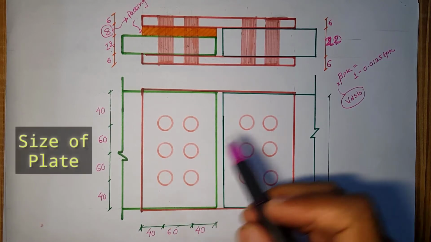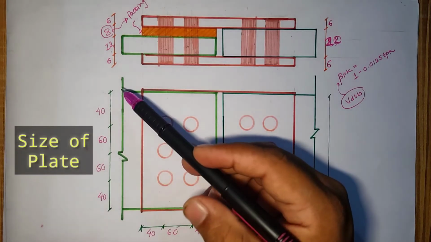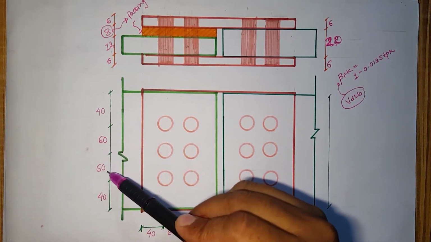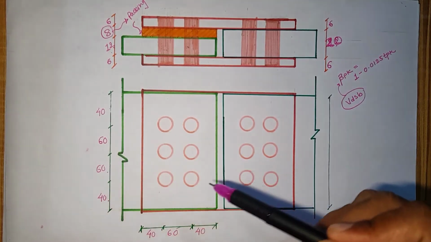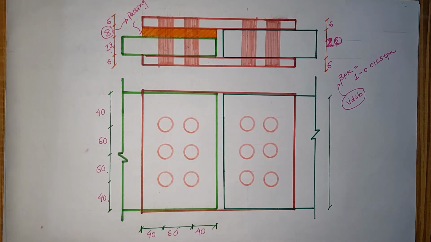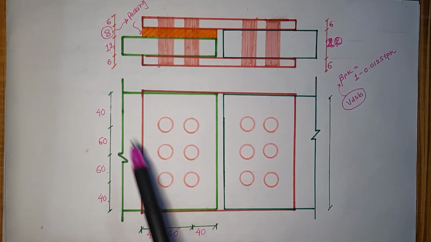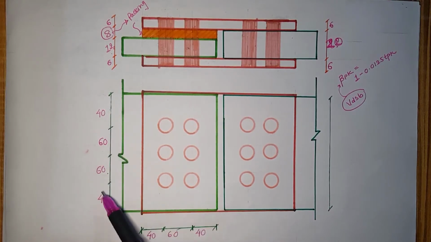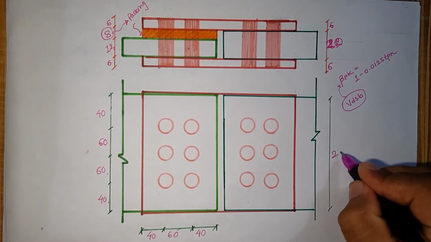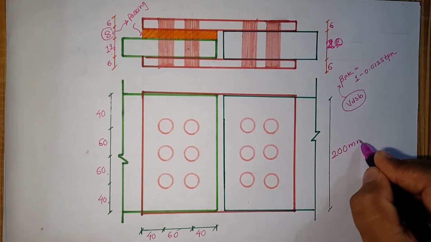Another thing, the plate size is not given, but we have been given the bolt pitch value as well as the bolt end distance. So if two bolts are provided in a single row and a total of 6 bolts are provided, the width is 60 plus 60 plus 40 plus 40. It means that our width is 200 mm.